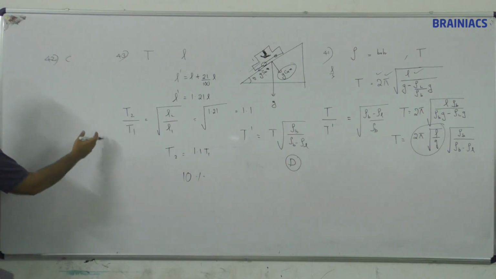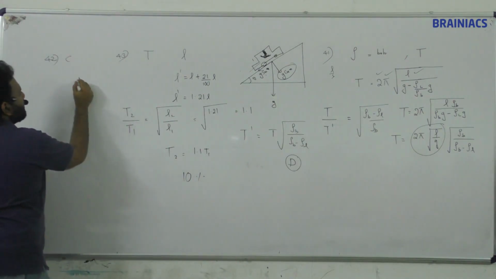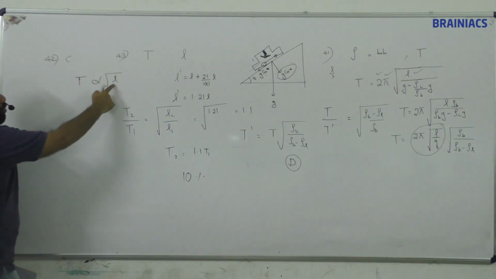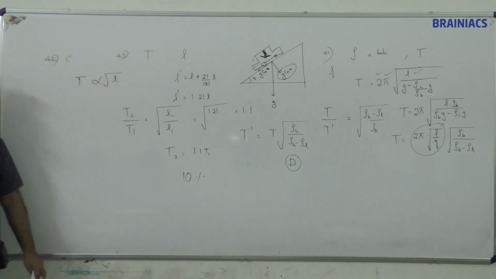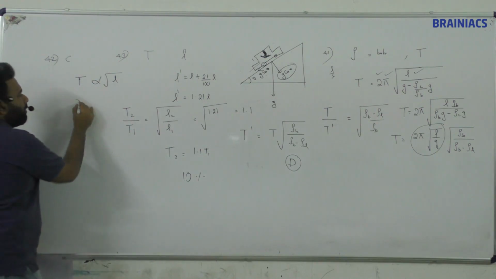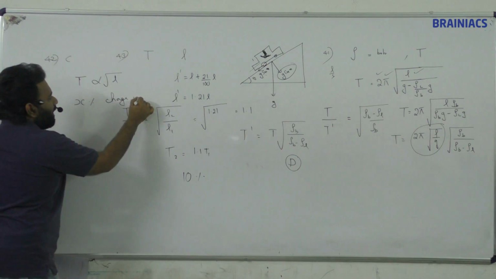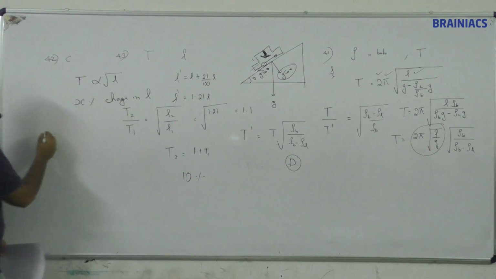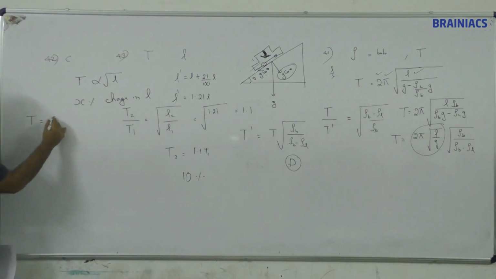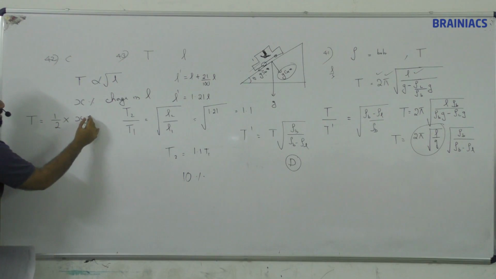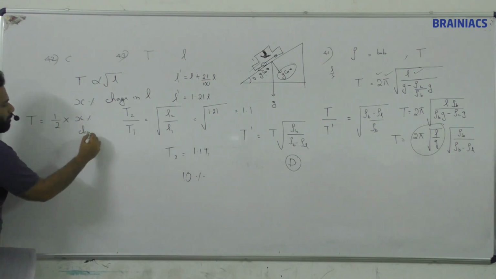If T is proportional to root L, and L has X percentage change, then T will have 1/2 into X percentage change.